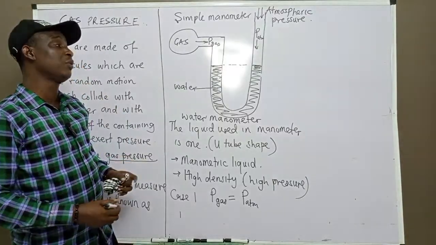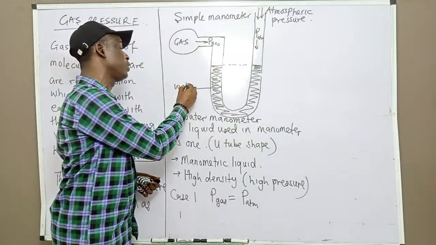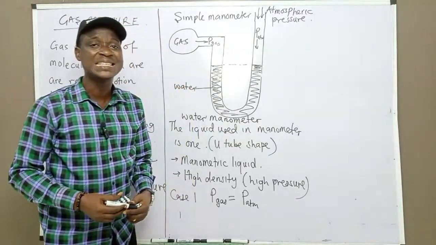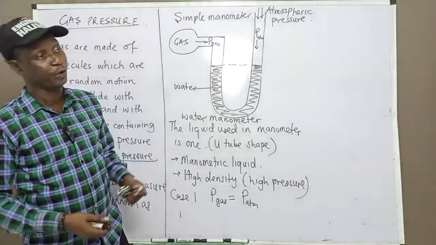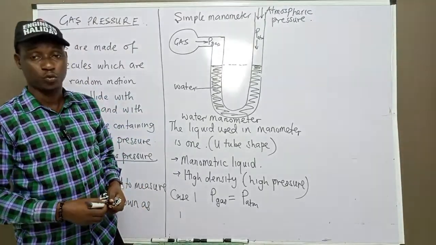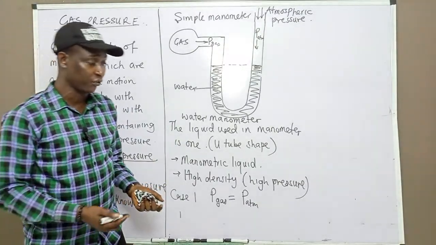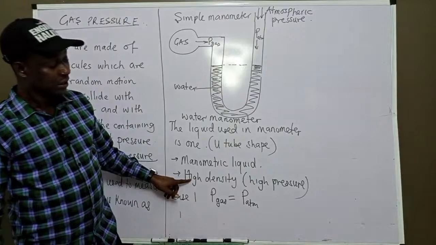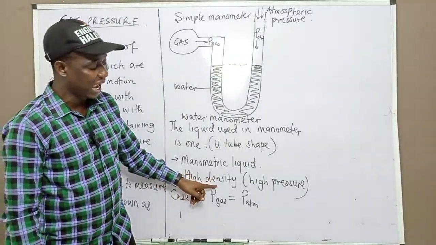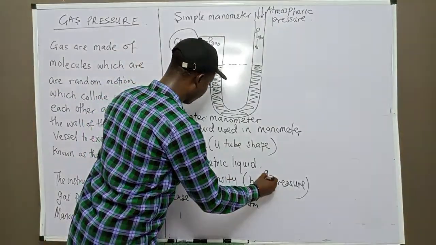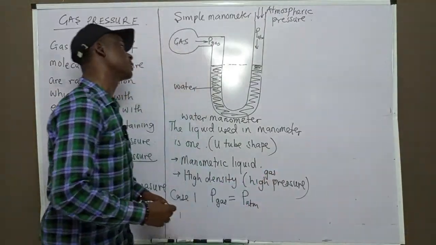Now, the better one should be what? We have mercury manometer. I think that one is better than water. Why? Because the density of mercury is higher than the density of water. So preferably, I will choose mercury manometer, because for the manometric liquid to produce high pressure means that we can measure high gas pressure.